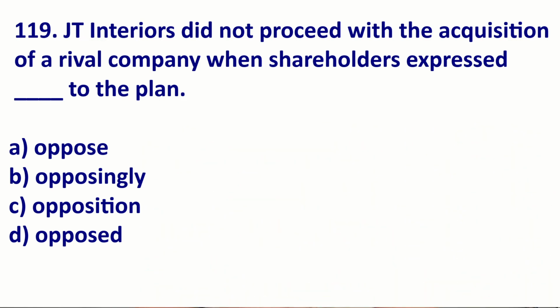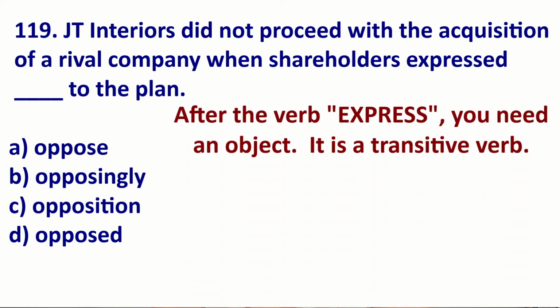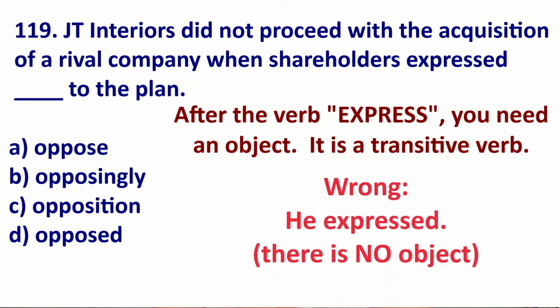Well, how do we get the answer? Let's simplify. JT Interiors did not buy the other company because shareholders expressed what to the plan. This one is quite easy. After express, you need a noun or a noun clause, because express needs an object. For example, if I just say he expressed, it is an unclear statement. It must have a noun or a noun clause after.